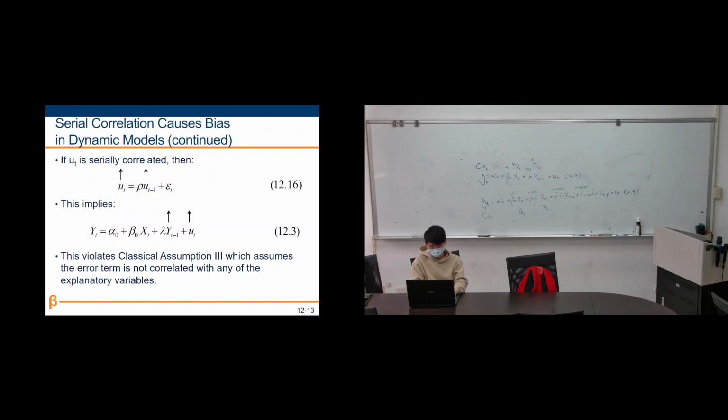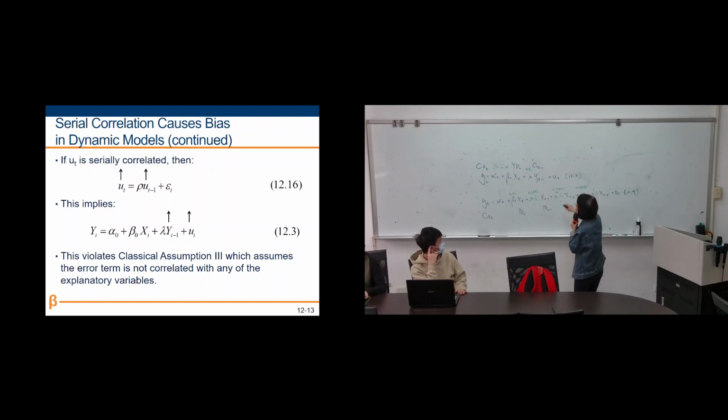In these models, the main problem is what we call the multicollinearity problem. Since this one is still white noise, but this one cannot be white noise, because with Y t minus 1, the current Y t is affected by the current error, and then Y t minus 1 is affected by the error at t minus 1.